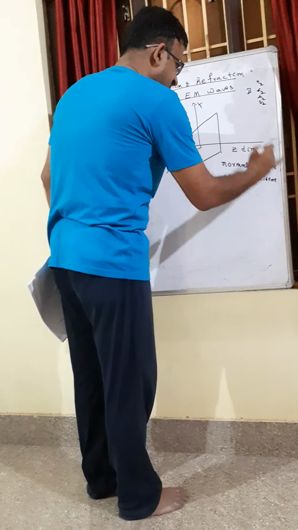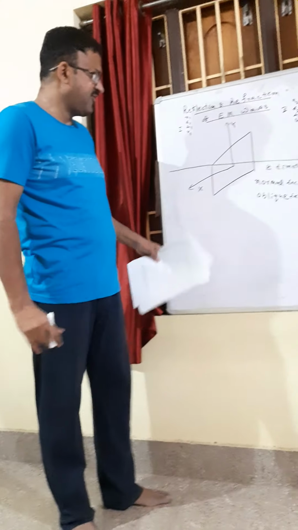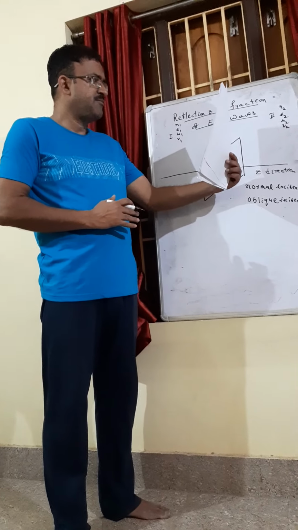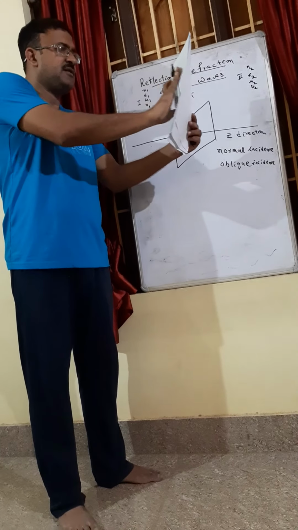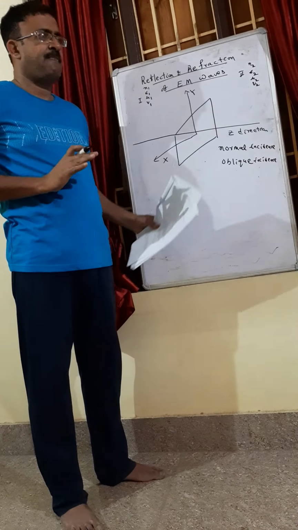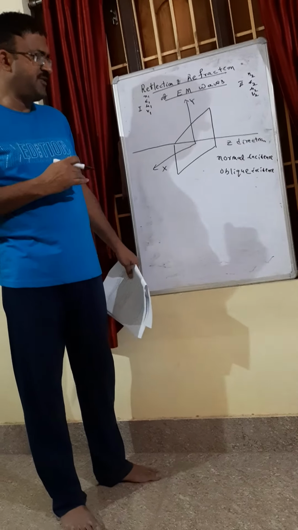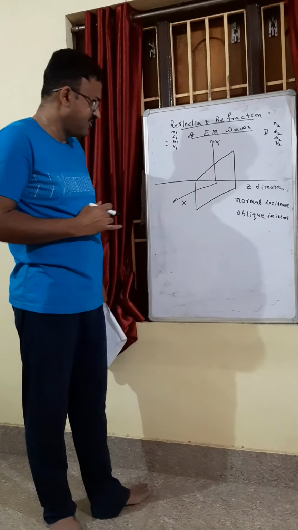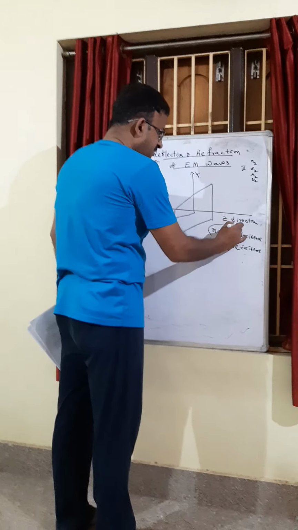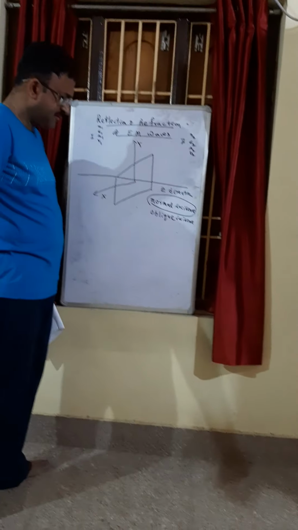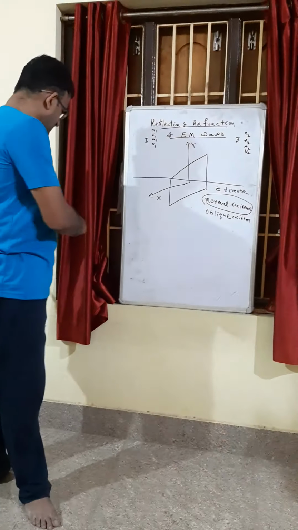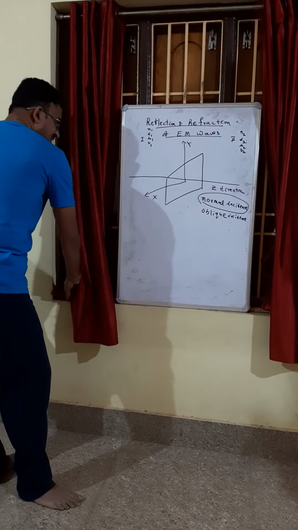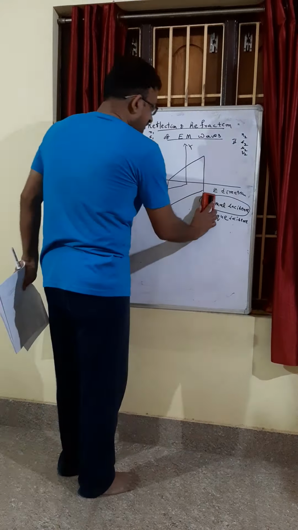So what is a normal incidence? Normal incidence means if this is the boundary, an electromagnetic wave will strike perpendicular to it. That is normal incidence. So in this class we will discuss the phenomena of reflection and refraction of the electromagnetic wave for normal incidence only.